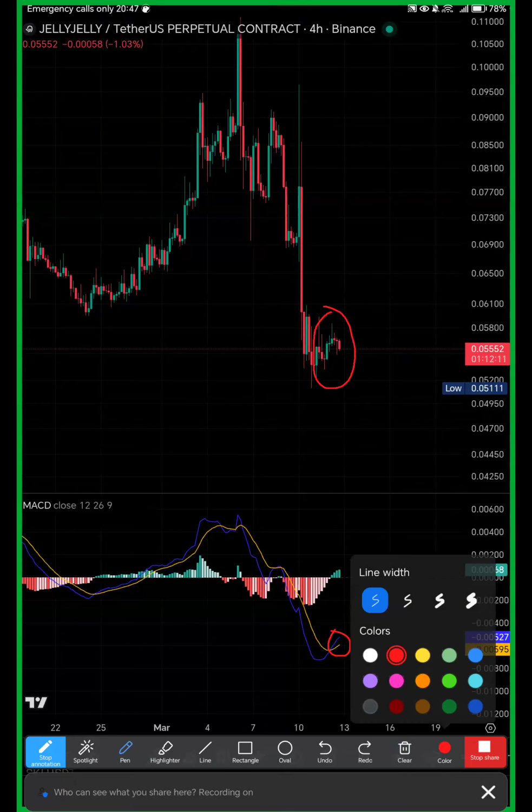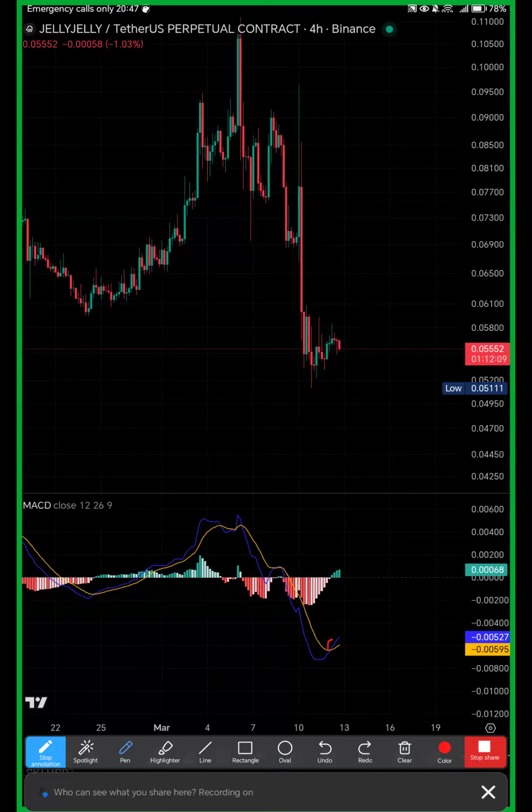So you can see there was a crossover here. There was a golden cross that happened. So when the blue line crosses the orange line, there is an opportunity to buy. As you can see here, the market went a little bit up there.